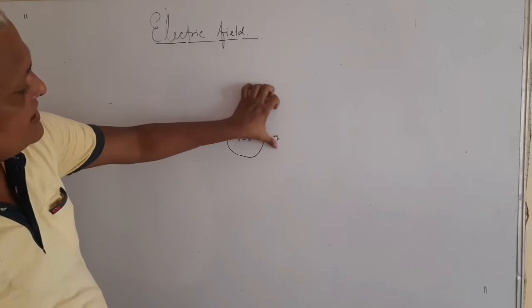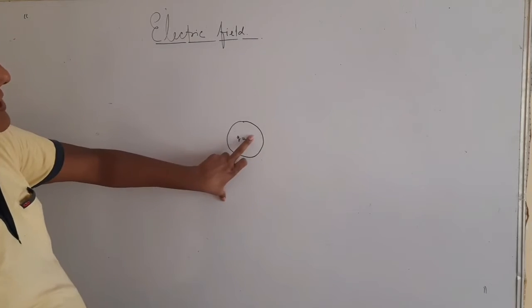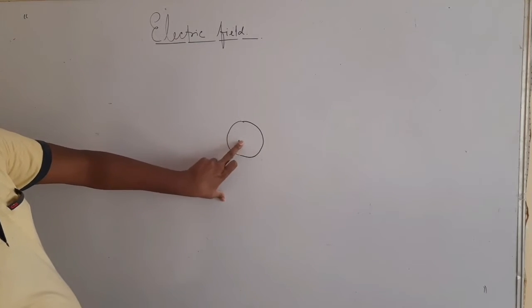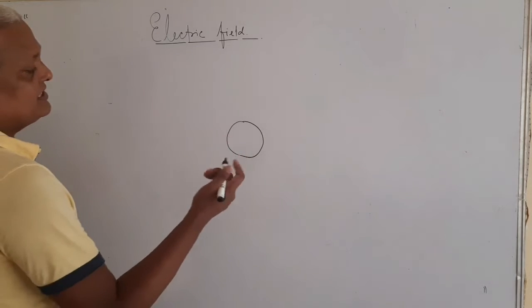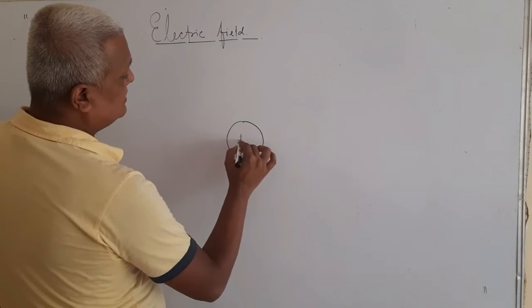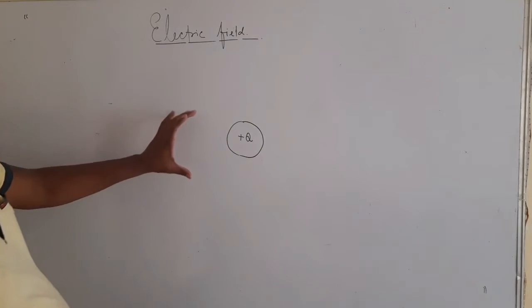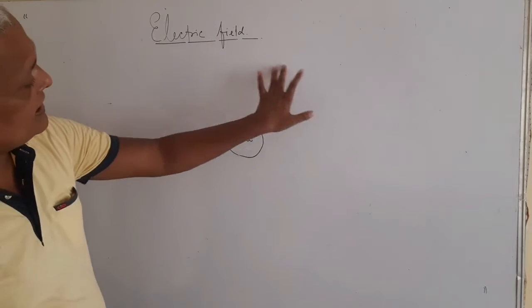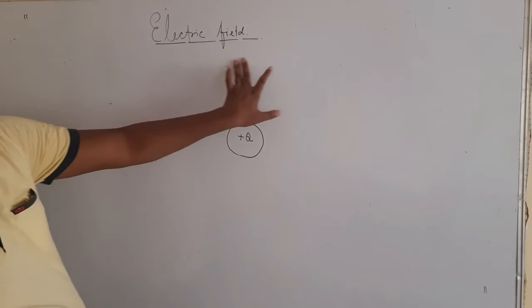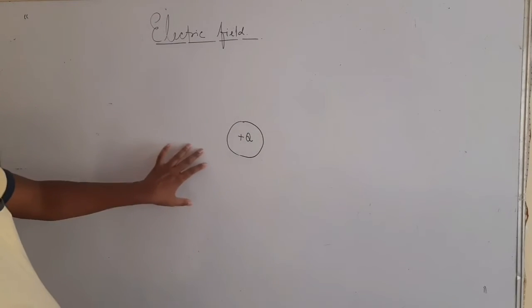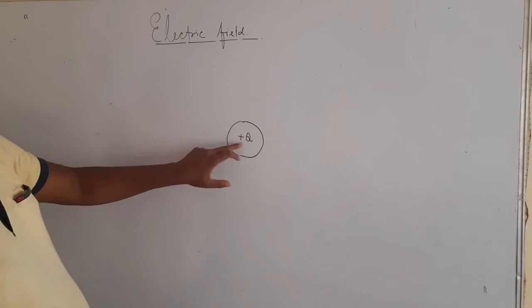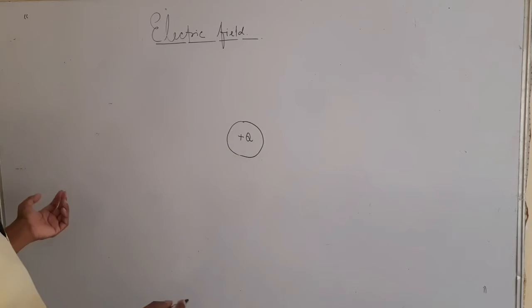But if this body gets positively charged or negatively charged, suppose in the standard way we take a positive charge plus Q, then the space around it where its influence can be felt will be called the electric field due to this charge. And what will be the influence?